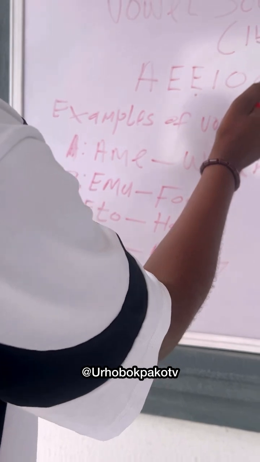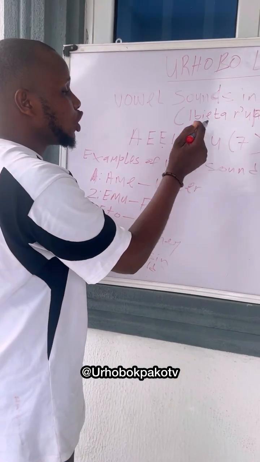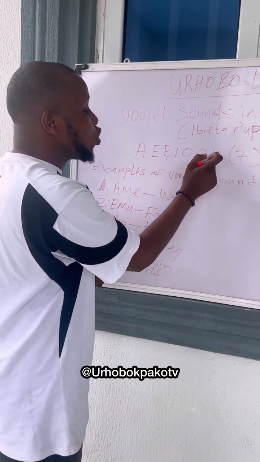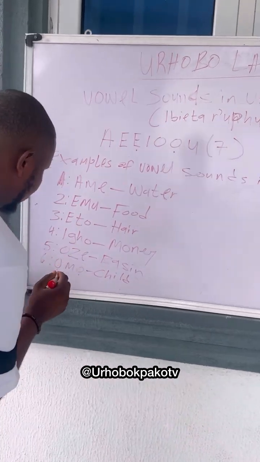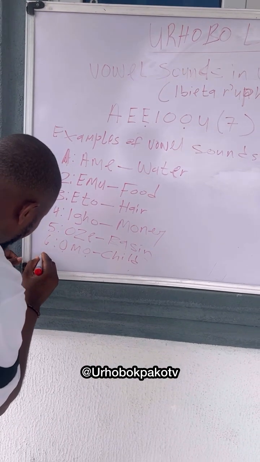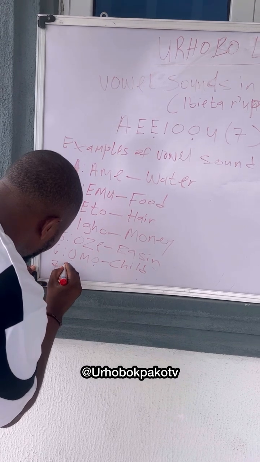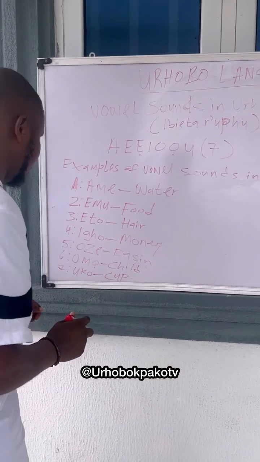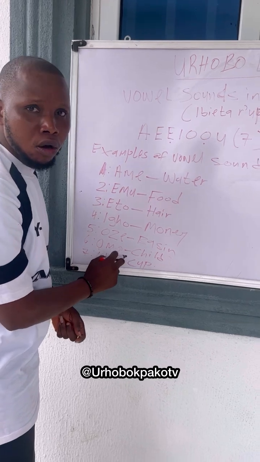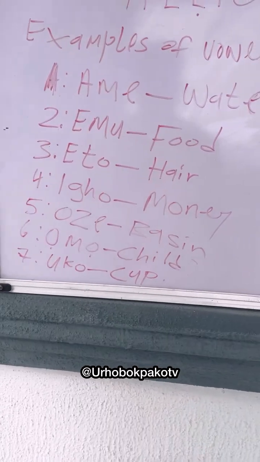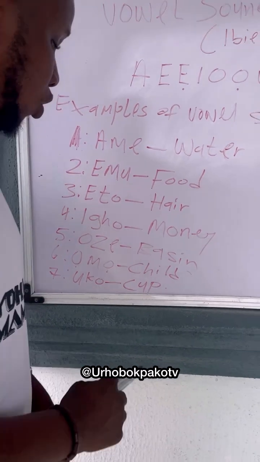Now let's make an example with this U, which is this U in English language. It's pronounced in Urhobo as U. Uko, cup.